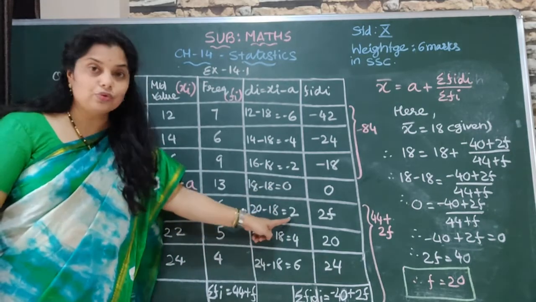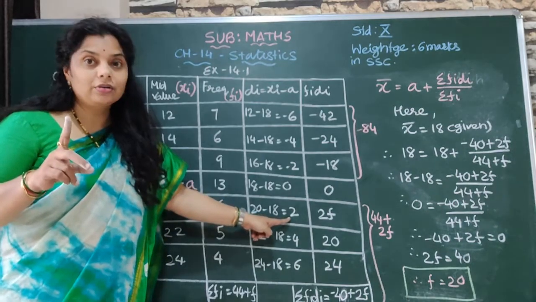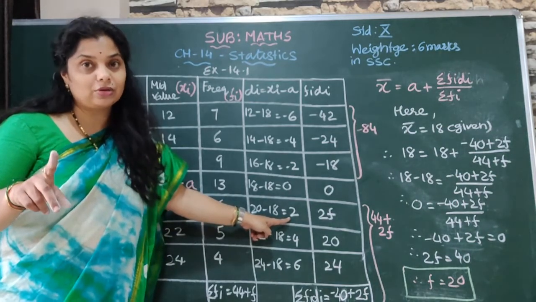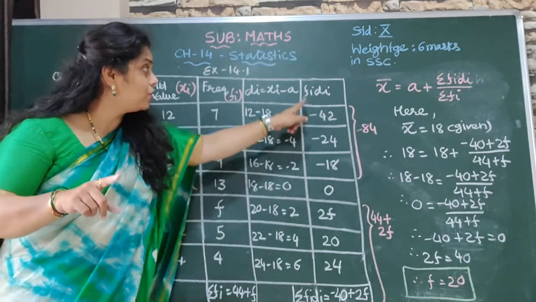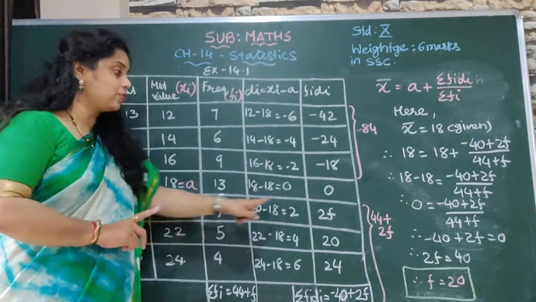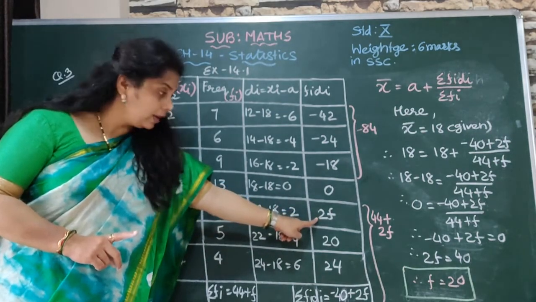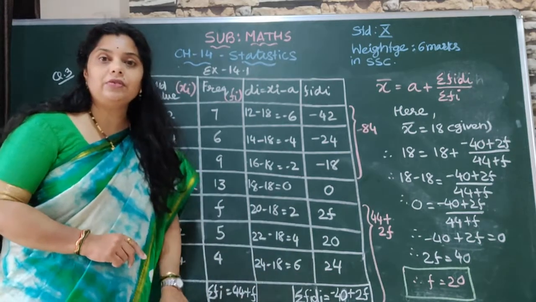F into 2. Here you have to make sure there is no mistake. Here it is not plus, it is a multiplication because we need the product Fi Di. So it is 2 into F, so it is 2F. Okay. Now 5 into 4 is 20 and 4 into 6 is 24.